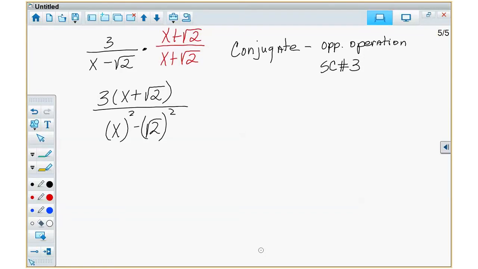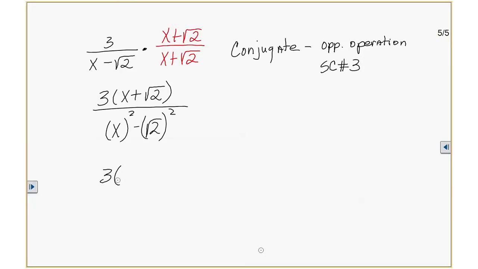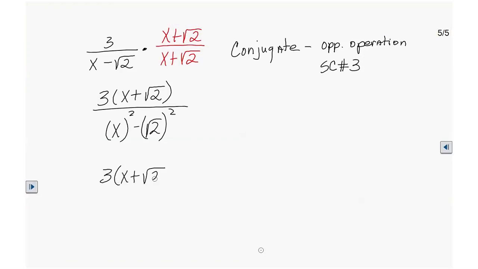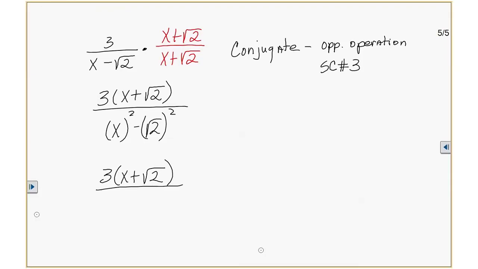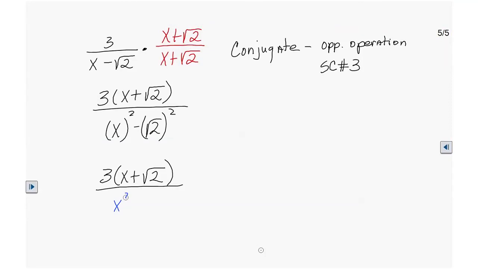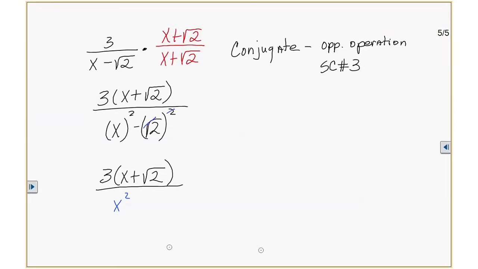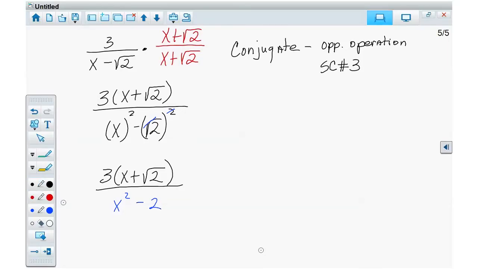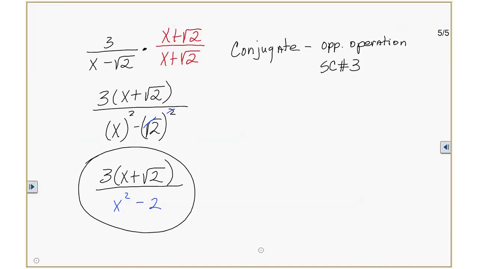That's going to give you 3 times x plus square root of 2 over, and what does x squared give you? x squared. And what happens with the square and the square root symbol? They cancel out, so you get rid of the radical in the denominator.